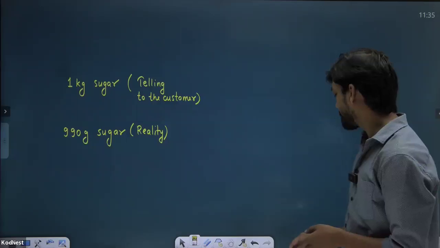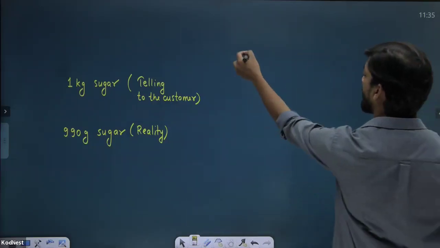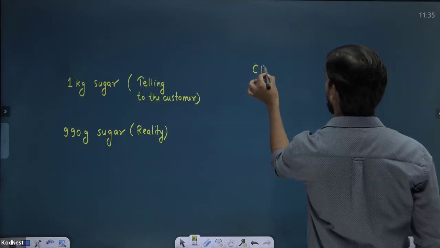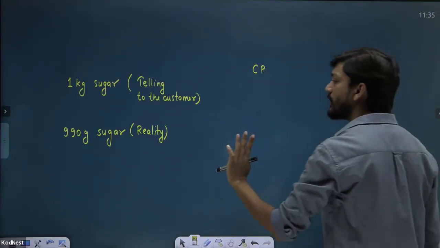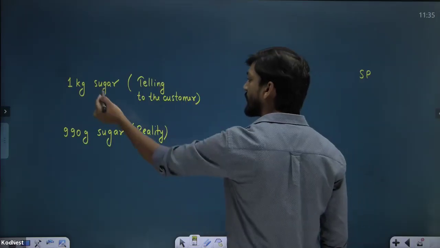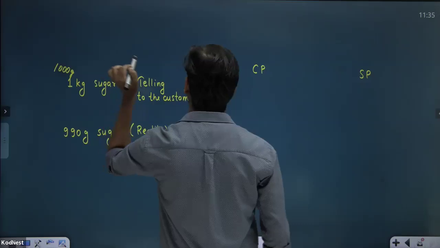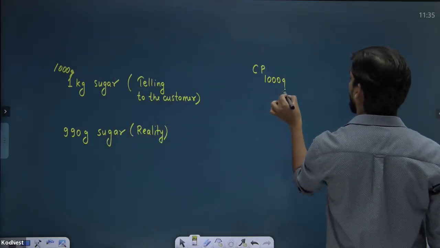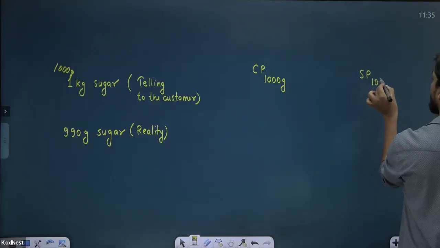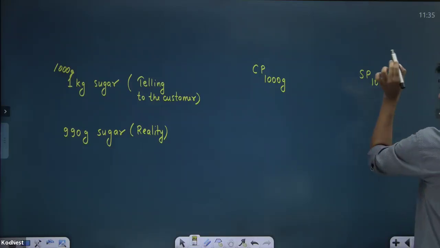Please carefully see. Right cost price, right selling price. And don't think kg, think grams. 1 kg is 1000 grams. Always think first without any cheating. What is happening without any cheating?